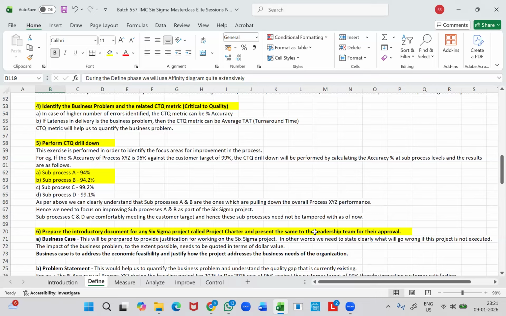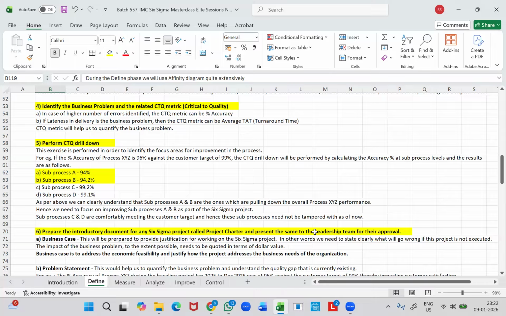So the basic elements that you would find in a project charter are the business case, which is all about providing justification for working on a Six Sigma project exercise. In other words, we need to specify very clearly what will go wrong if I'm not going to work on the project now.